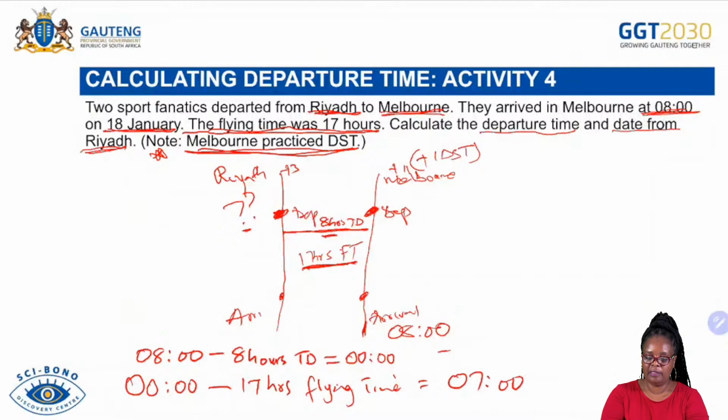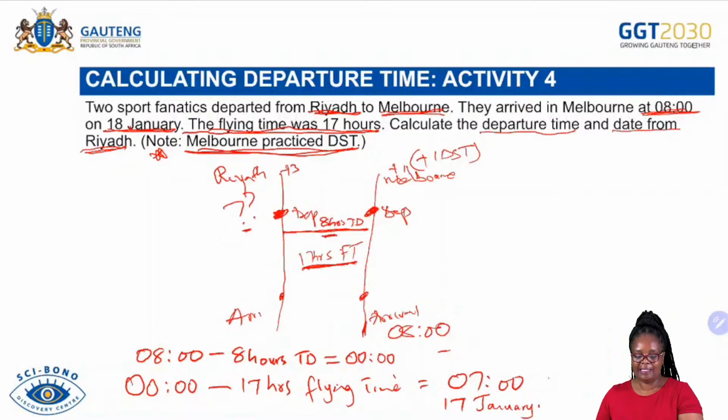Remember here it says in Melbourne they arrived on the 18th, and since we have passed midnight going backwards, we have lost a day, which means now it is 17 January. Calculate the departure time and date from Riyadh. The departure time is 0700 on 17 January.